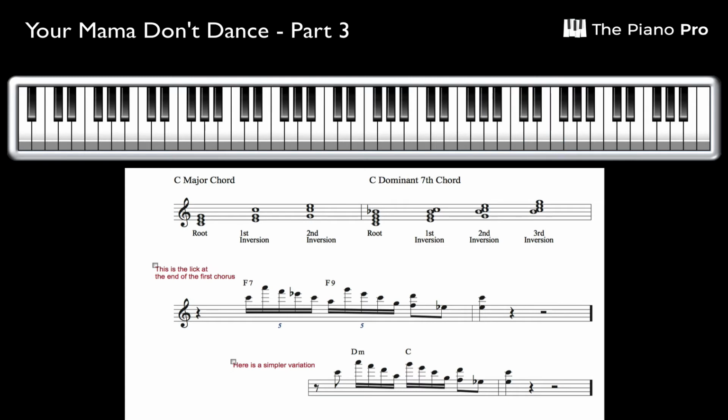I'm going to do it slowly. A little bit faster. All right, so on beat 2, you're going to have, and yes, that's 5 notes on one beat. That's what makes this lick a little complicated.